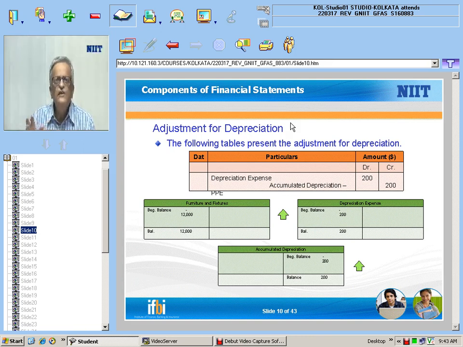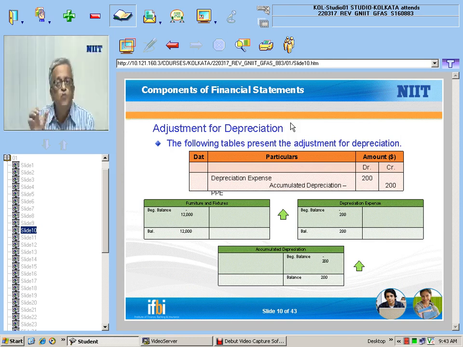Say for example, one car. The value of the car, new car, in the showroom is say 2 lakh rupees. As soon as it comes out in the road and it is driven, the value will fall below 2 lakh rupees, maybe 1,90,000, 1,80,000, whatever it is. So the value of the asset is falling.